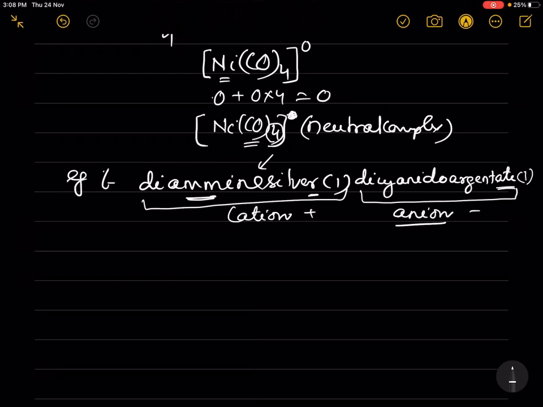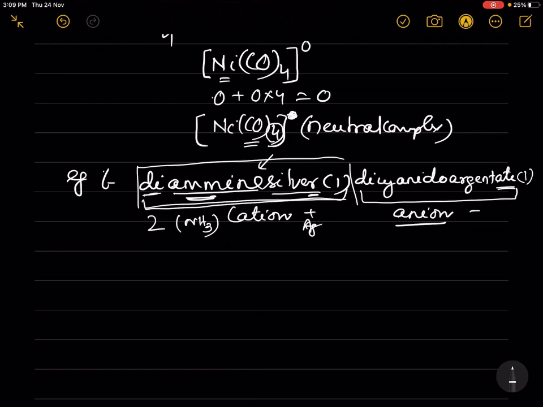So we have to write the cation first. Di means 2, amine means NH3, silver means Ag. But in writing the coordination entity, we have to write the metal first, Ag, then the ligands. How many amine molecules are there? 2, and it should be kept in parenthesis with 2, Ag(NH3)2, then the square bracket ends.